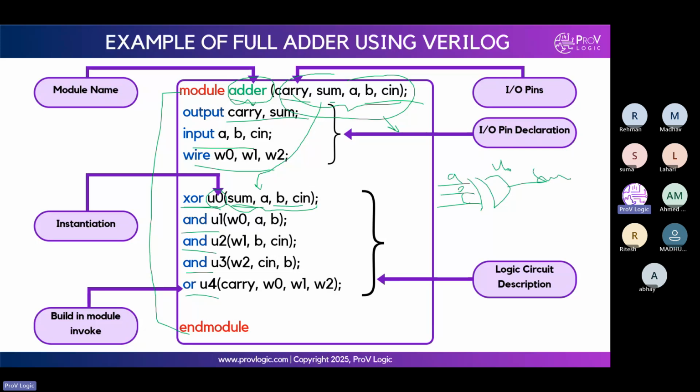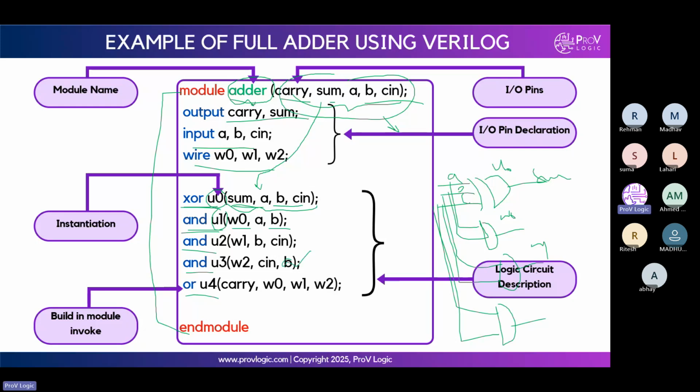Next, an AND gate. Name of the AND gate is U1. W0 is the wire, A, B are the inputs. So A, B are the inputs and W0 is the output. Next one, B, C are the inputs, and W1 is the output. Next, C, A, right?